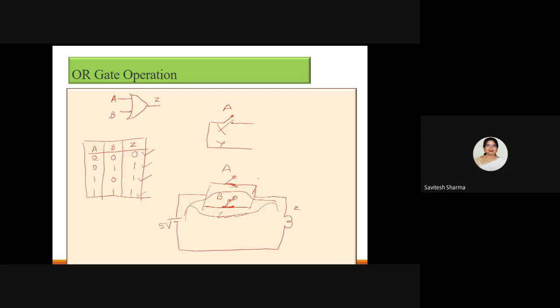So in a simple way, I can explain in terms of switches. If you want to explain the operation of the AND gate, you assume switches that are connected in series.